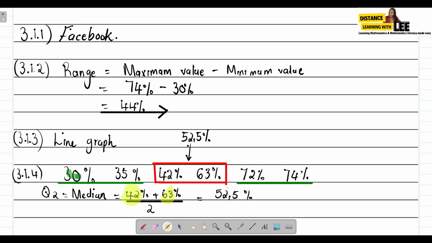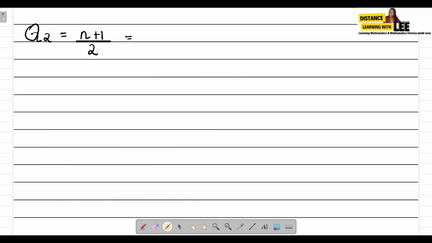We've got 1, 2, 3, 4, 5, 6. N represents the total number of values in our data set. So it's 6 plus 1 divided by 2, which is 7 divided by 2, which is 3.5.